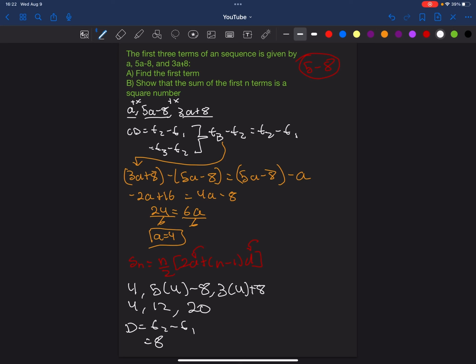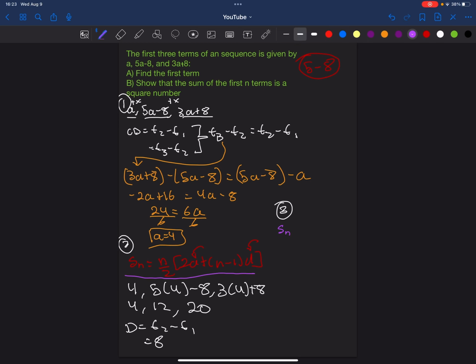Now the very last step, so this is the first step, second step, now the third step. Now the very last step is to substitute your information into this formula. Okay? So to figure out if it's going to be a square number.